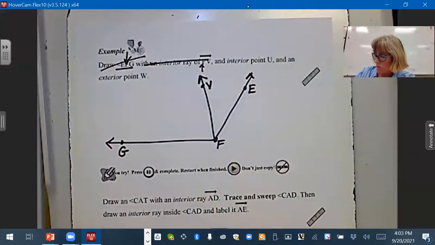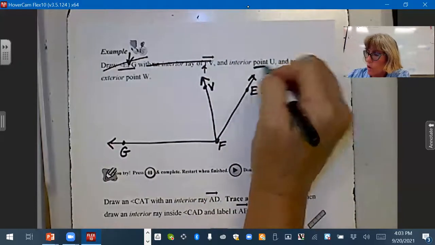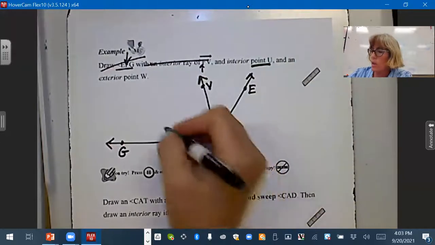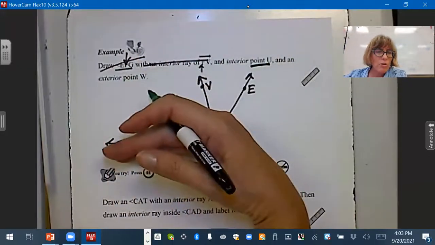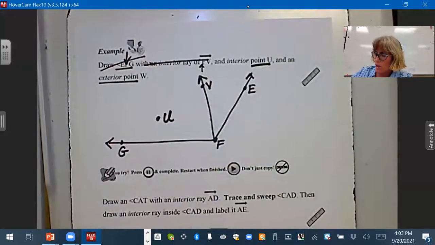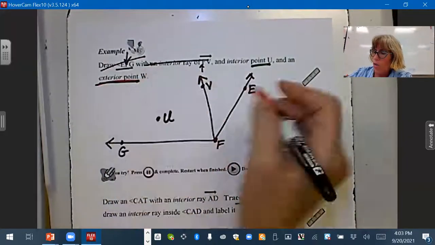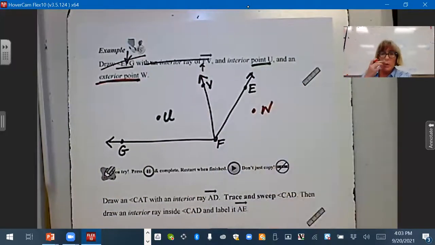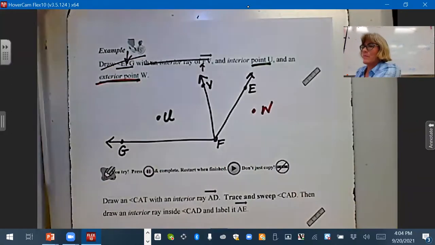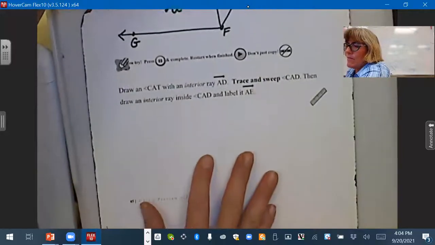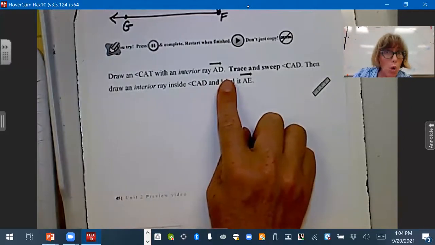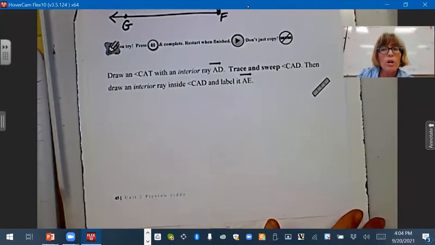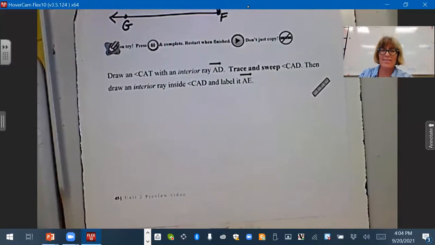Interior point, U. So somewhere here I have a random point inside the angle, and then I have an exterior point outside of the angle, W. So that just helps define the difference between interior and exterior. I want you to try to draw this on your own. Pause the video, draw, and then restart.